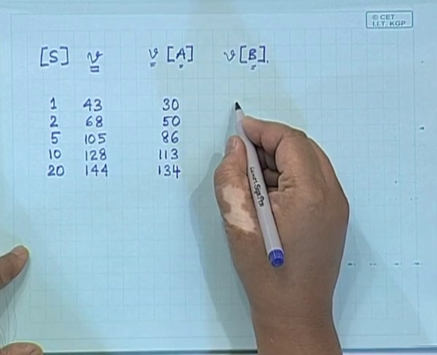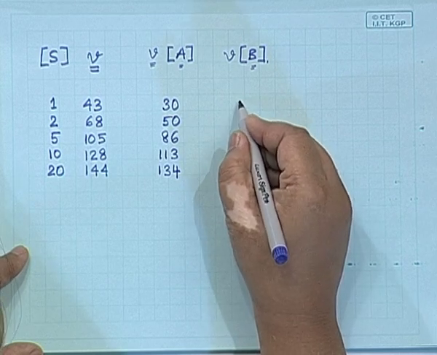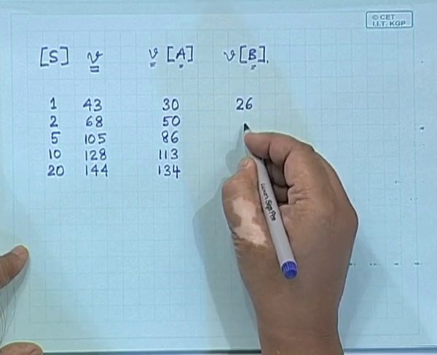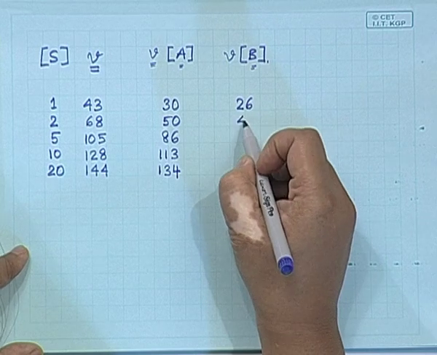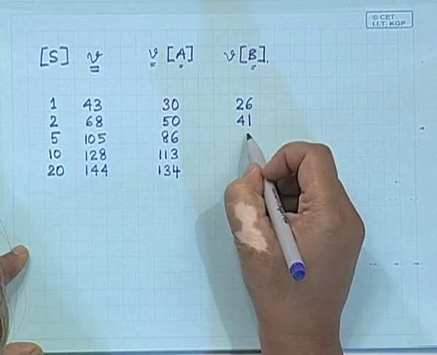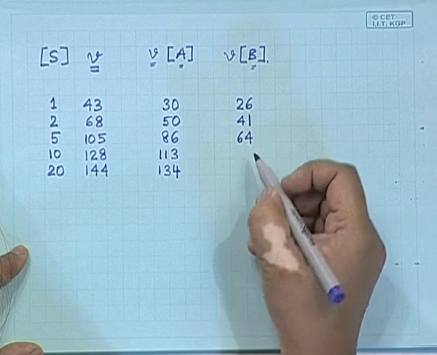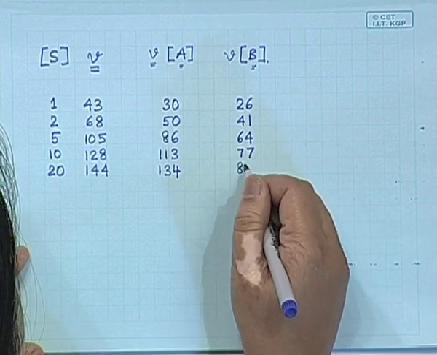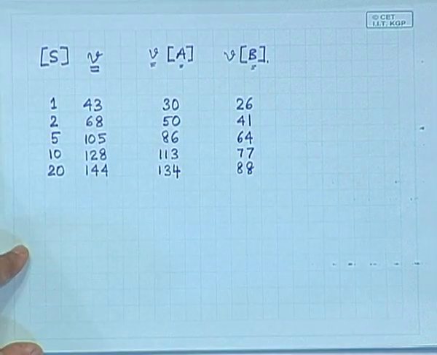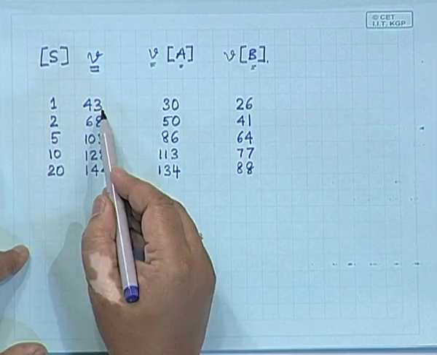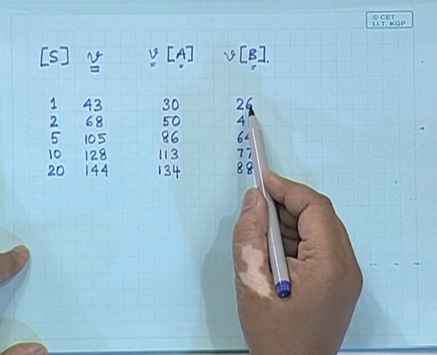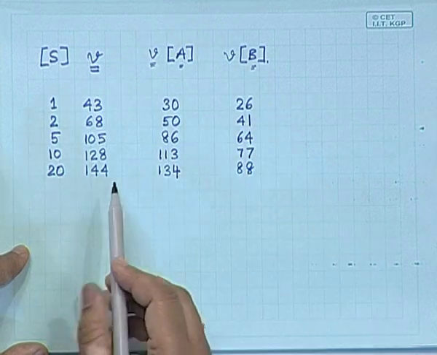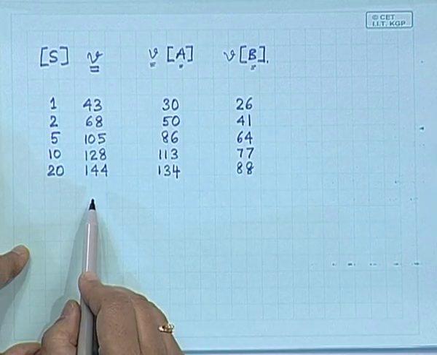For the inhibitor B, we have 26, 41, 64, 77 and 88. You see how the initial velocities have decreased compared to the uninhibited enzyme.